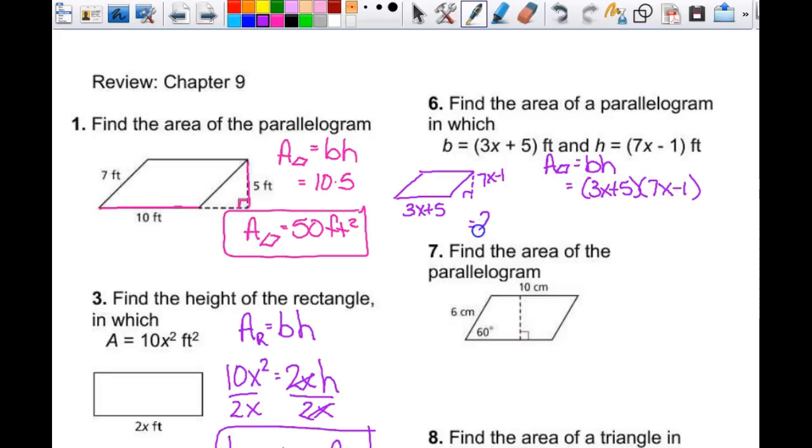When I do that, it's going to give me 21x squared minus 3x plus 35x minus 5, which means that gives me 21x squared plus 32x minus 5, feet squared, and that is equal to the area of the parallelogram. Kind of ran out of room.